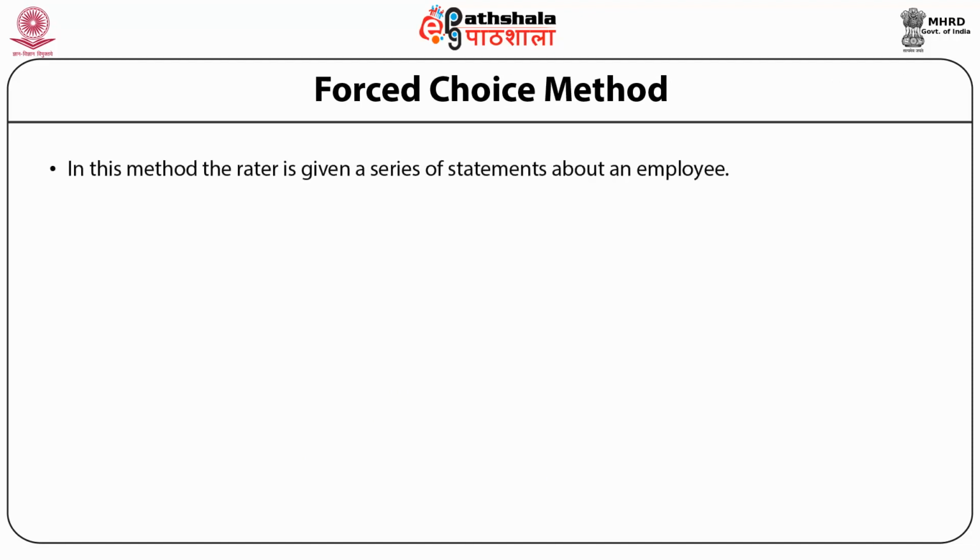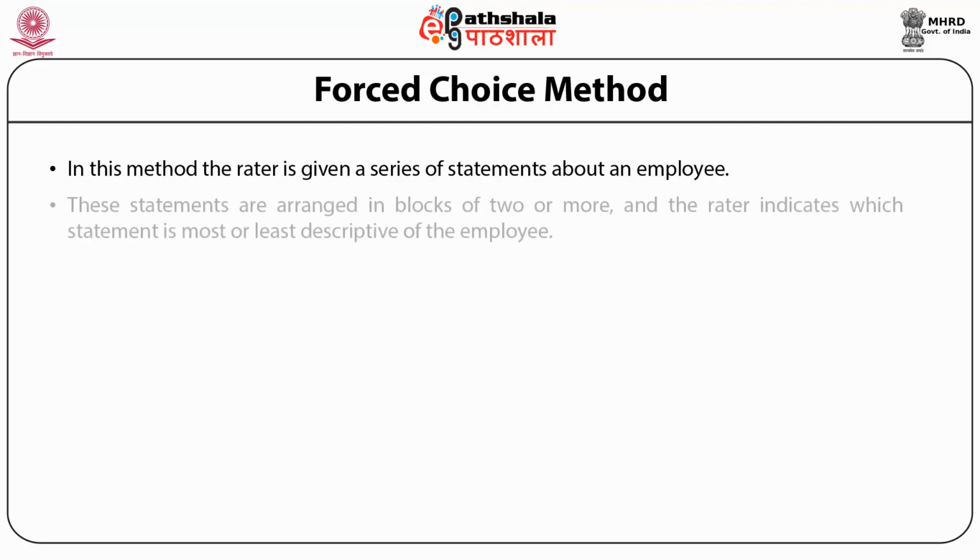In this method, the rater is given a series of statements about an employee. These statements are arranged in blocks of two or more, and the rater indicates which statement is most or least descriptive of the employee. A pair of positive statements and a pair of negative statements are there.